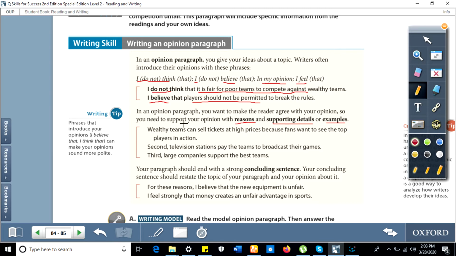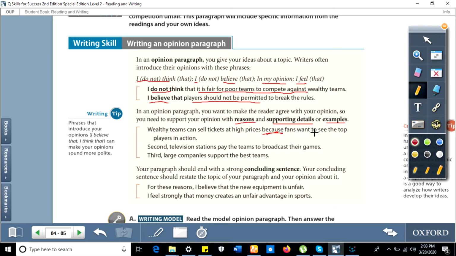Reasons, for example, here reasons you can write by using because, right? Like here the example says wealthy teams can sell tickets at high prices, because fans want to see the top players in action.